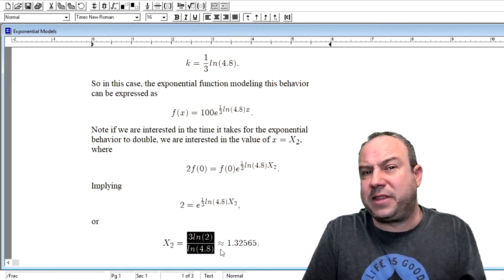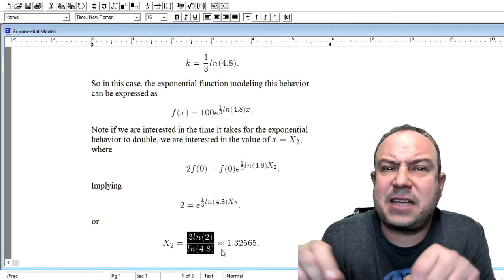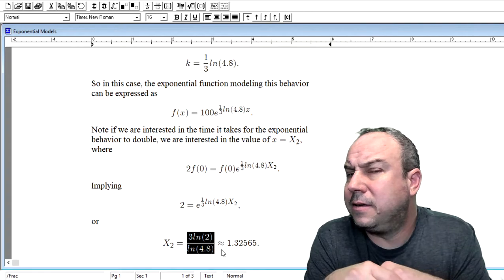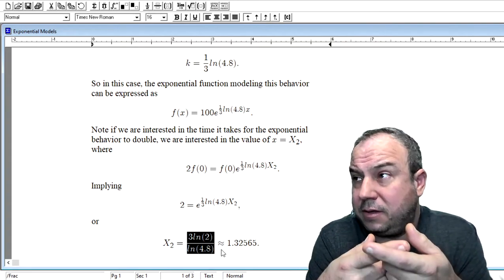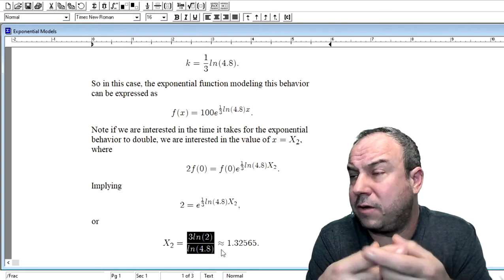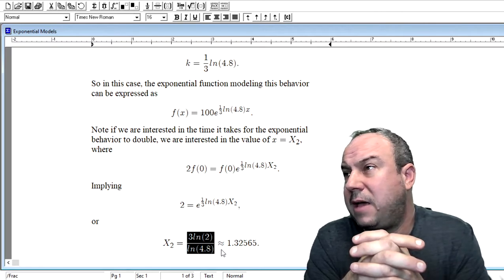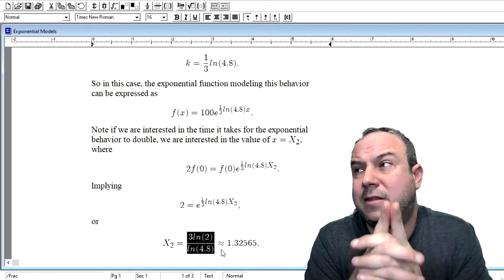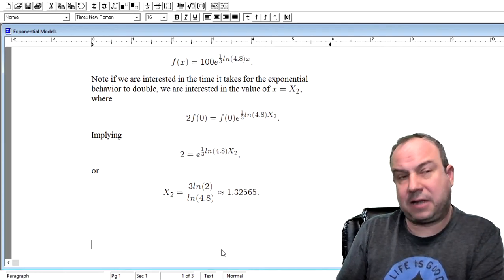This is the length of time that needs to elapse in this exponential model for the values in the model to double in their value.